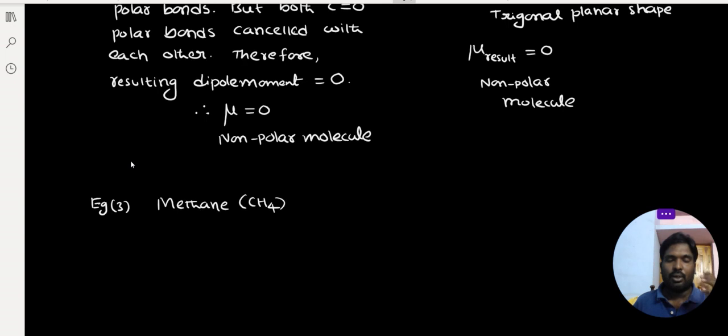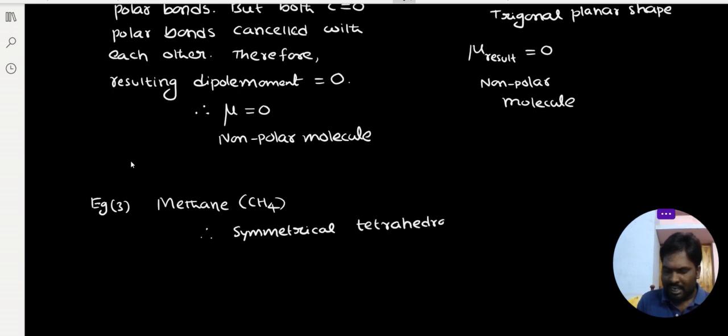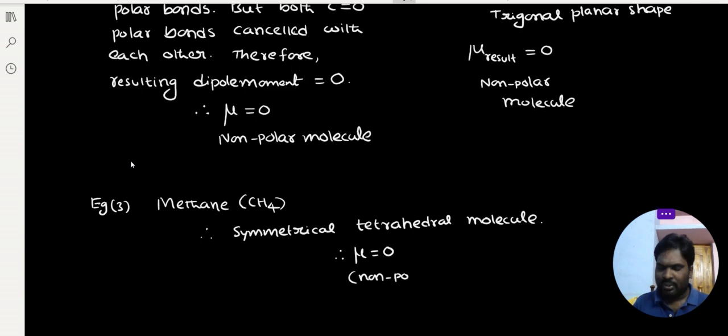Therefore the dipole moment is 0, meaning the resulting polarity is 0. That's why it is a non-polar molecule.